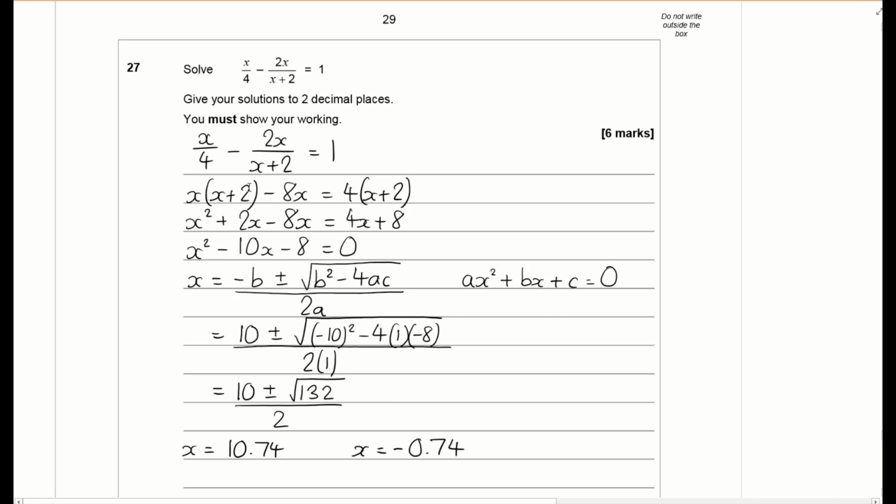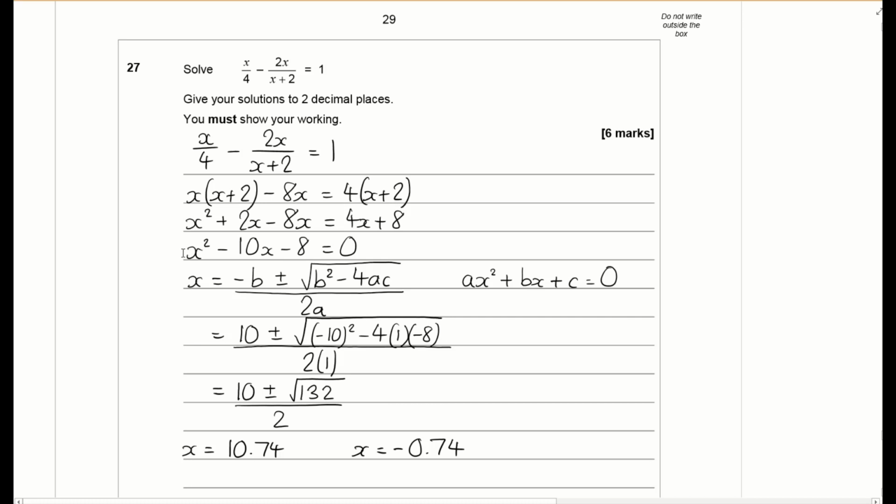Expand the brackets on both sides to get x squared plus 2x minus 8x equals 4x plus 8, and collect the terms on the positive x squared side so you can set your equation equal to 0. So we've got 2x minus 8x is minus 6x, and then we're minusing another 4x, so it will be minus 10x, then subtract 8. So when you use the quadratic formula, make sure it's equal to 0.